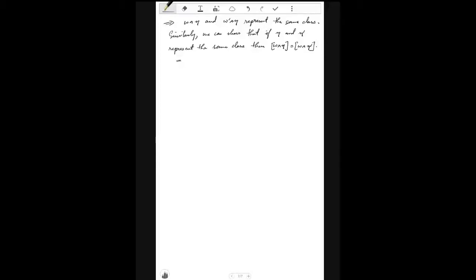So thus this implies the multiplication is well defined.